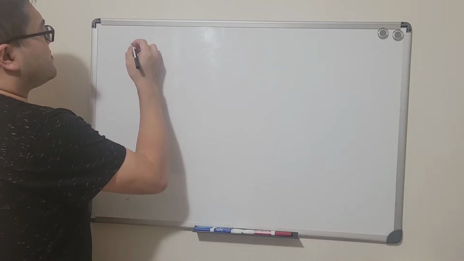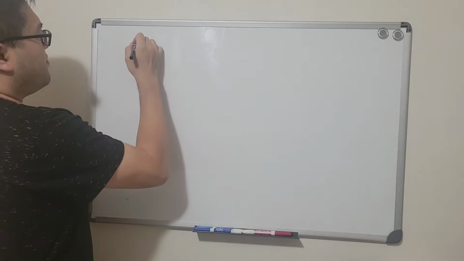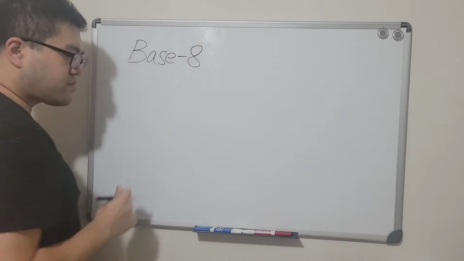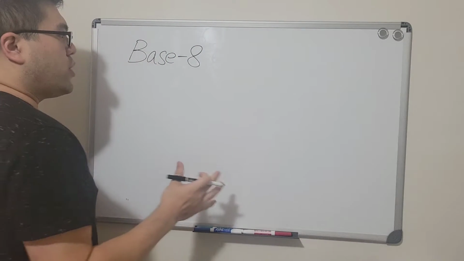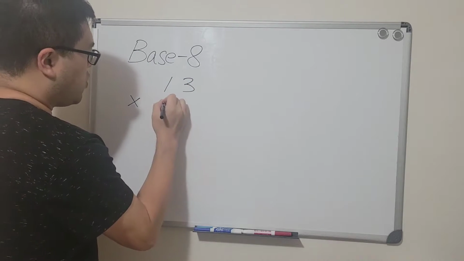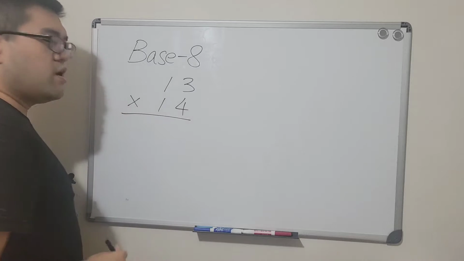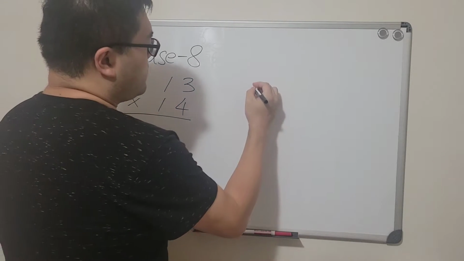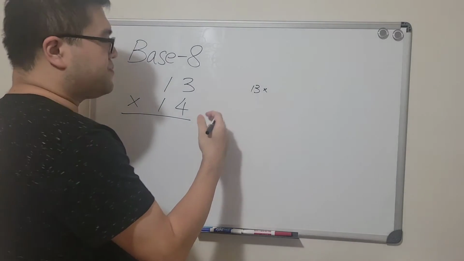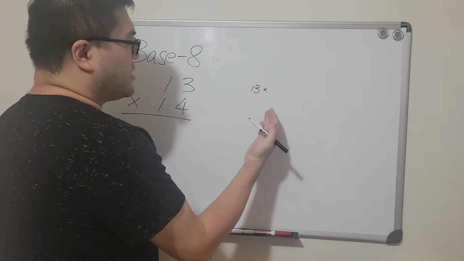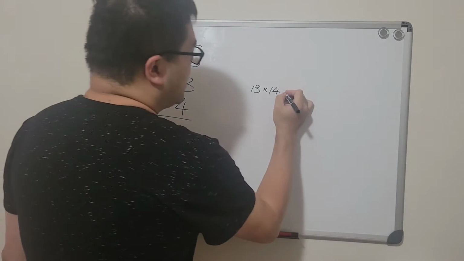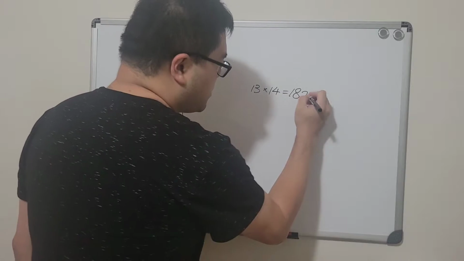So let's start with an example. This time we're calculating in base 8, and we have 13 times 14. Regularly in base 10, we know that 13 times 14 equals 182.